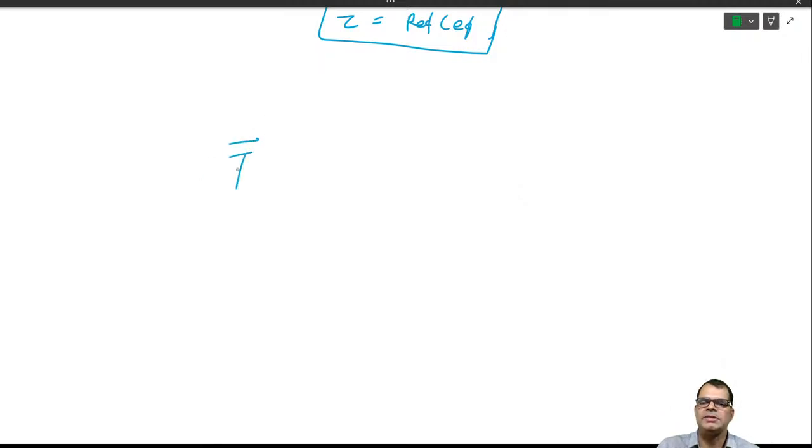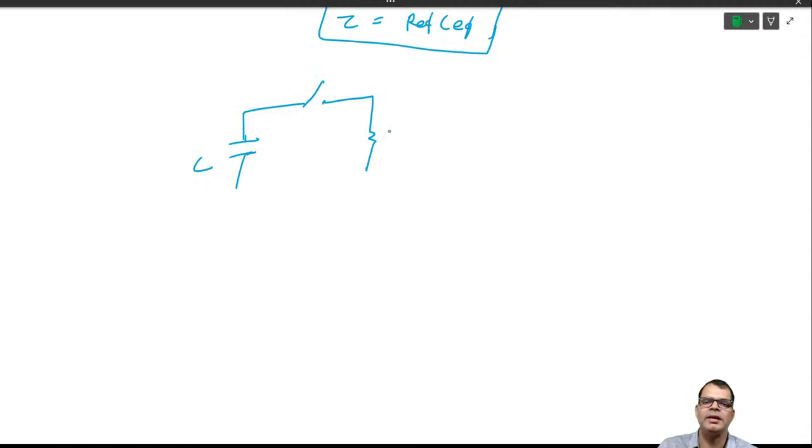Let us say you have a circuit with a capacitor C, and the initial voltage is 10 volt. This is the capacitor C, and you have a switch here.